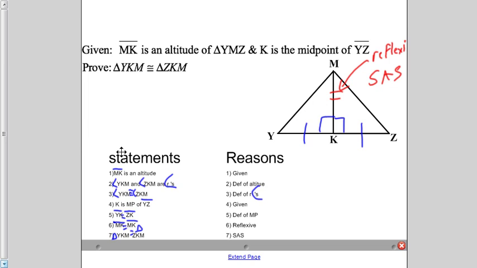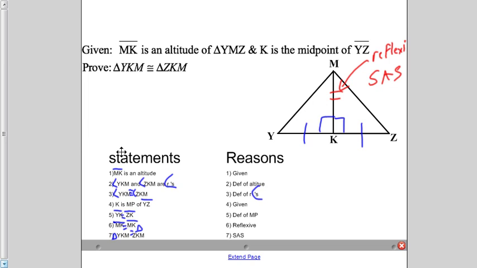And then we have YK is congruent to ZK by definition of midpoint. And then we have MK is congruent to MK by reflexive. And finally, the triangles are congruent to each other by side angle side. Okay, you ready?